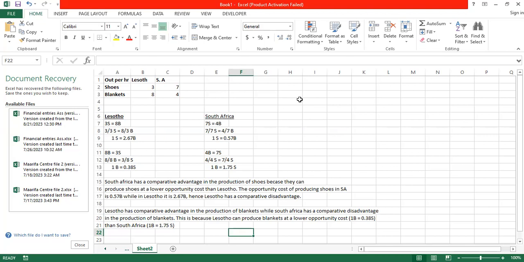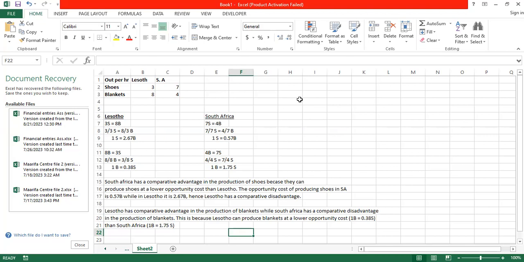What will be the effect on the exchange in terms of comparative or absolute advantage? Comparative. Yes.